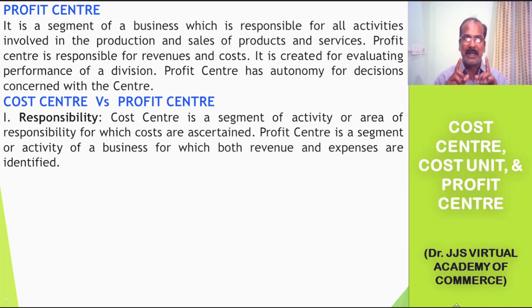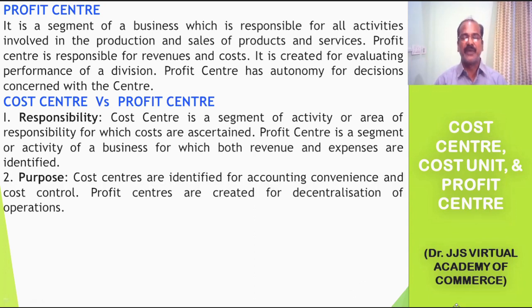So the responsibility of a cost center lies in ascertainment of cost for the given activity or a person which is named as a cost center, whereas the greater responsibility of a profit center is to evaluate and consider both the revenues and expenses that are identified in that profit center.